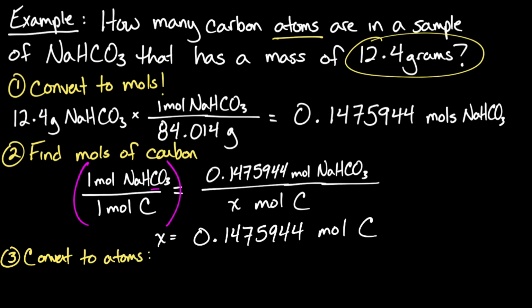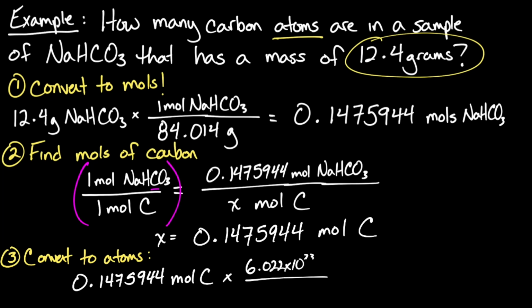I'm going to try to squeeze this in here at the bottom. So to do that, we're going to multiply our number of moles of carbon that we have calculated. And we know that there are 6.022 times 10 to the 23rd atoms in 1 mole.